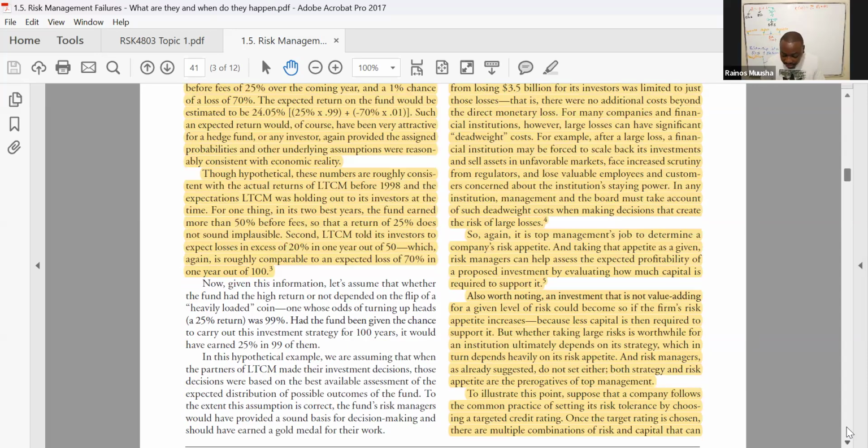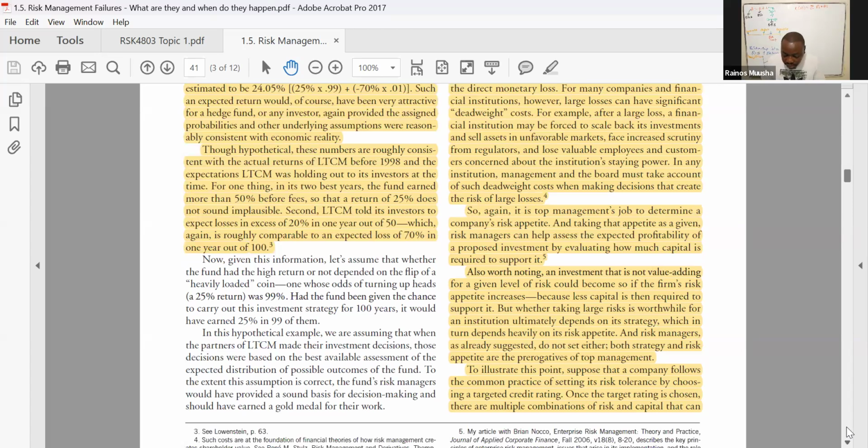And taking that appetite as a given, risk managers can help assess the expected profitability of a proposed investment by evaluating how much capital is required to support it. Also worth noting, an investment that is not value adding for a given level of risk could become so if the firm's risk appetite increases, because less capital is then required to support it.